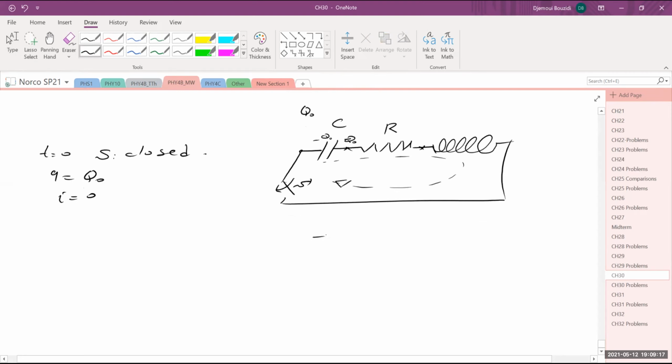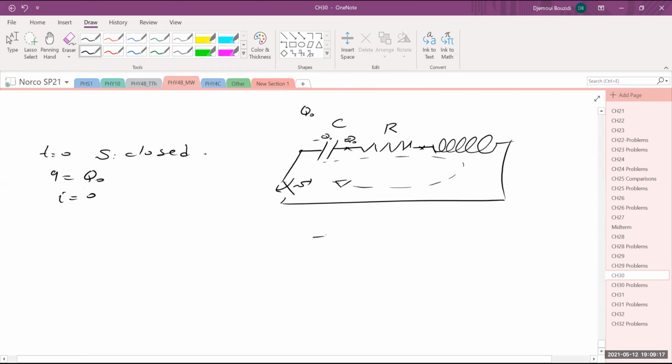When everything is subbed correctly, this will give me L times the second derivative of Q with respect to time, plus R times the derivative of Q with respect to time, plus Q over C, equal to 0. This is basically what Kirchhoff's rules lead to. So this is the equation that we're supposed to be dealing with.